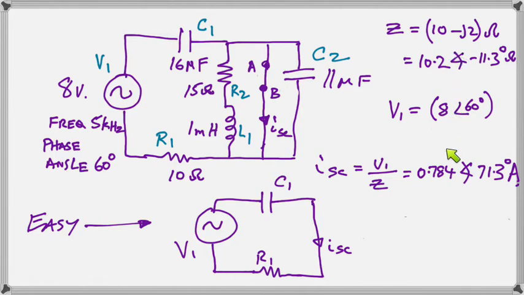And we were given in the problem that we had 8 volts with an angle of 60 degrees. So we just divide the V1 by the Z, and lo and behold, out pops our short circuit current, which is the Norton current, of 0.784 with an angle of 71.3 degrees.